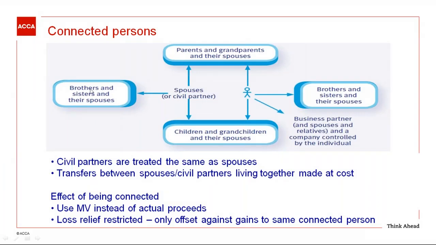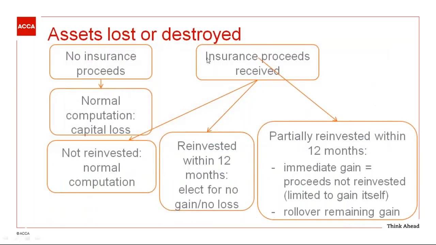Okay, right. Then the other thing is, as I mentioned at the beginning, a disposal is not only a sale of an asset. It's not only a gift of an asset. Even if the asset is lost or destroyed, it is treated as a chargeable disposal for the purpose of CGT, especially if the asset is completely lost or destroyed.